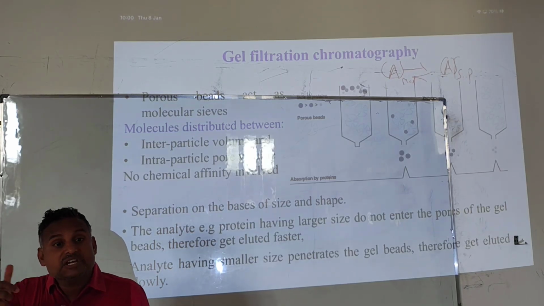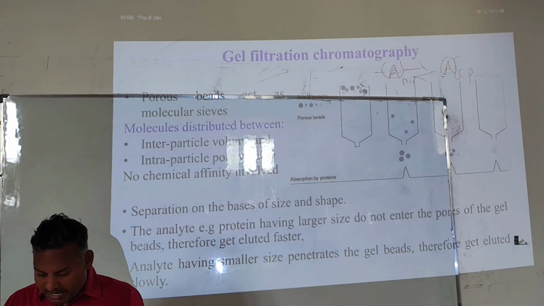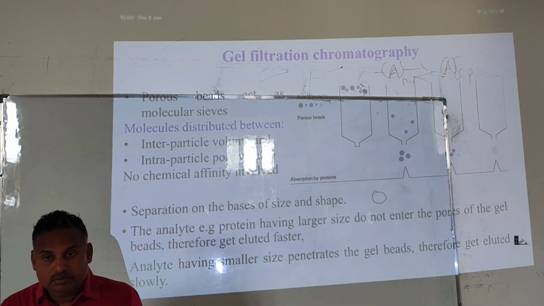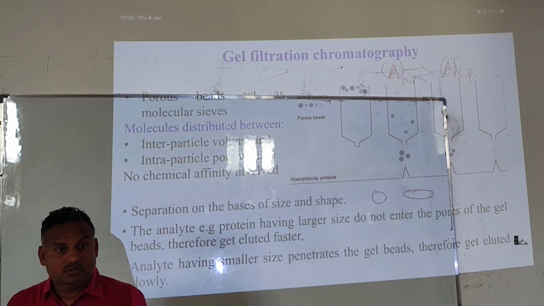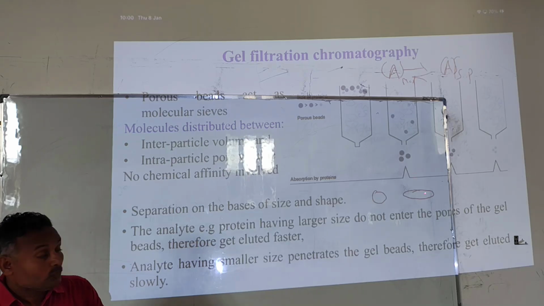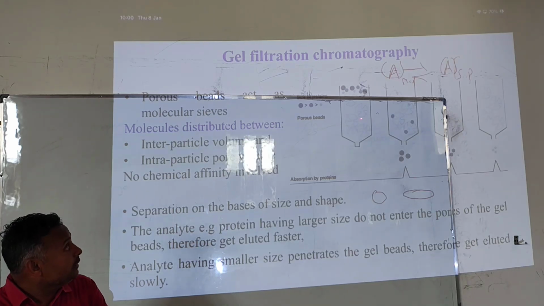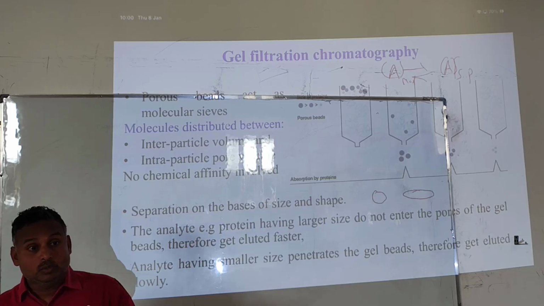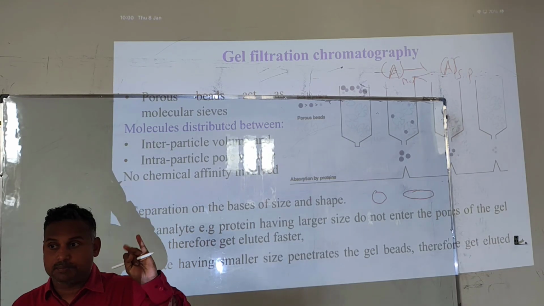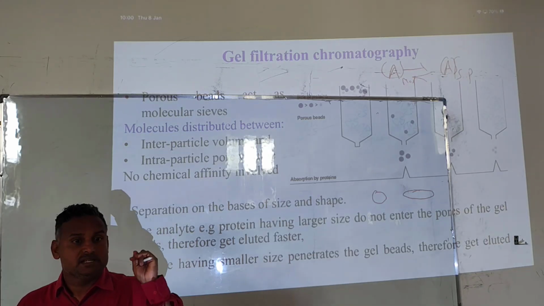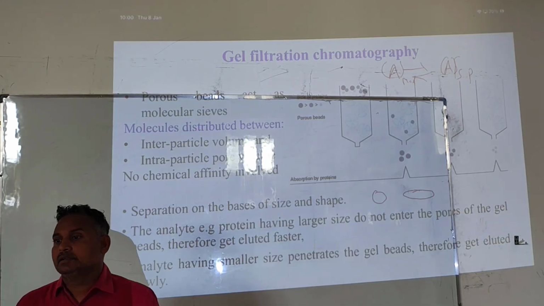A molecule may have a spherical shape, or this shape, an elliptical shape. The shape also matters, because to enter into the pores, size and shape matter. The first factor is size and then shape also.